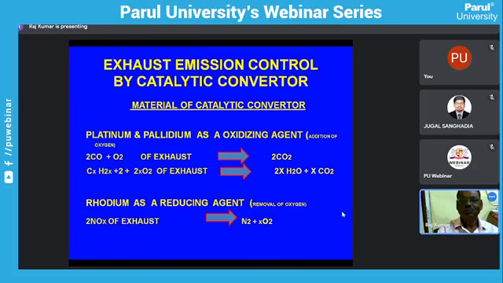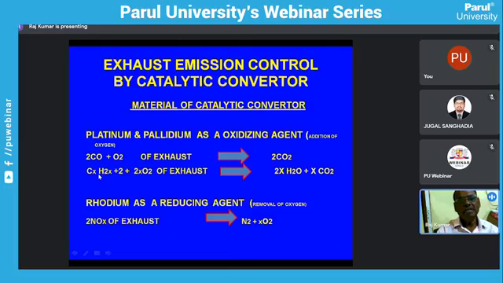For example, the two-way converter has platinum and palladium, which is an oxidizing agent. Oxidizing means oxygen is added here. Carbon monoxide is very dangerous. So if oxygen is added here, it converts into carbon dioxide, which is less harmful than carbon monoxide.